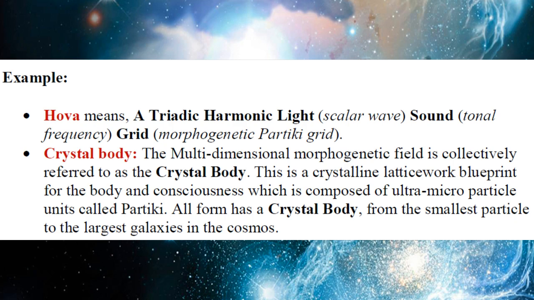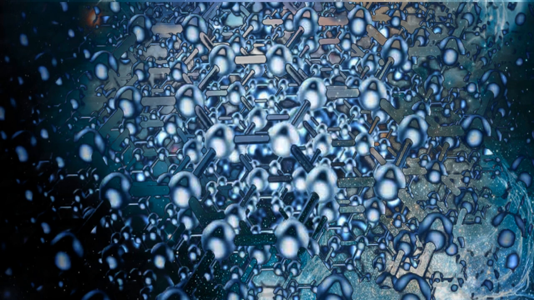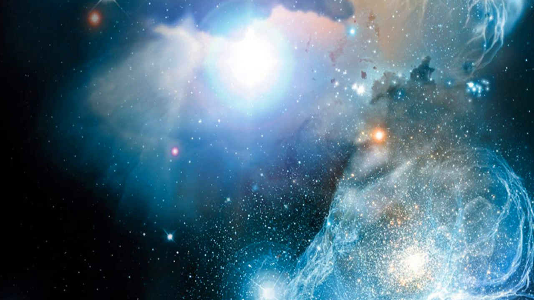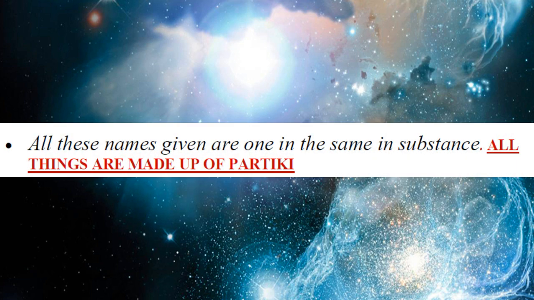So all form has a crystal body, from the smallest particle to the largest galaxies in the cosmos. Are you starting to get an idea of what I'm communicating here? All these names given are one and the same in substance. All things are made up of, that's right, particuli.